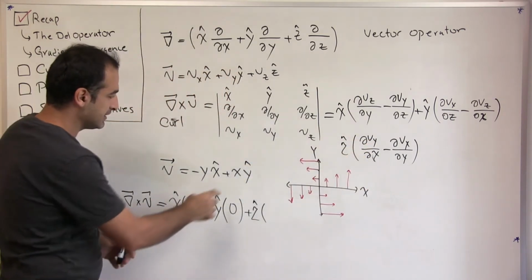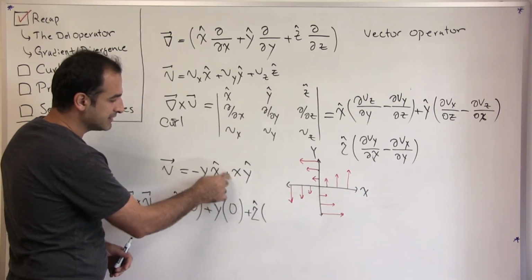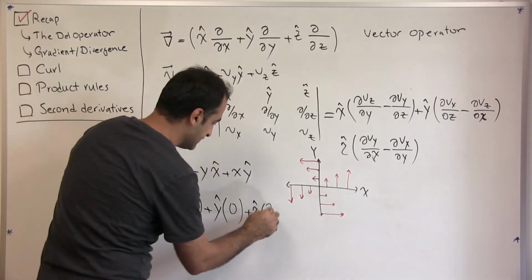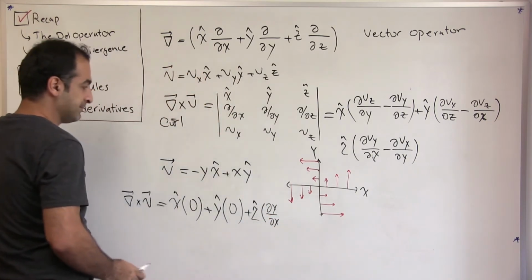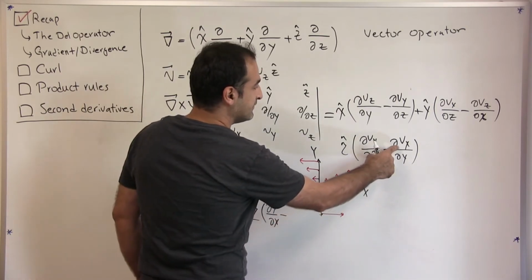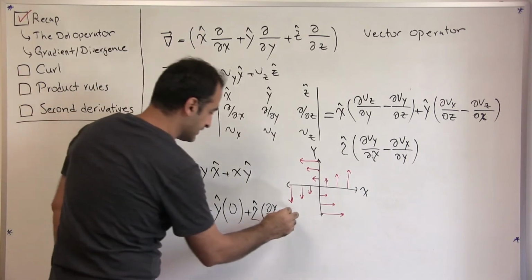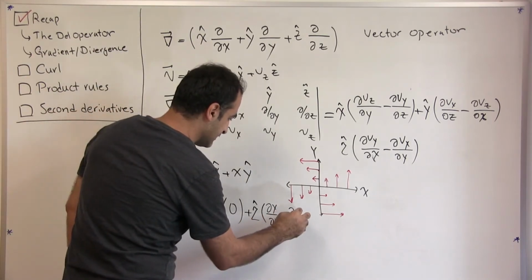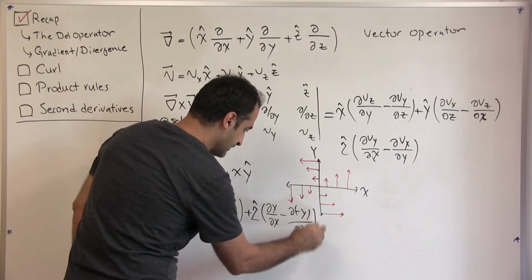So vy is this term. Okay. dvy over dx is dx over dx here. So we get dx over dx from the first term. The second term is negative dvx over dy. What is vx? Negative y. So we get d negative y over dy. Okay.